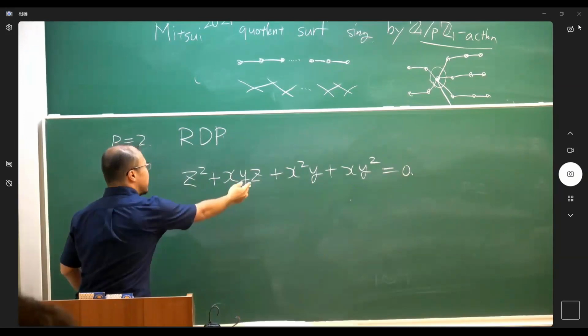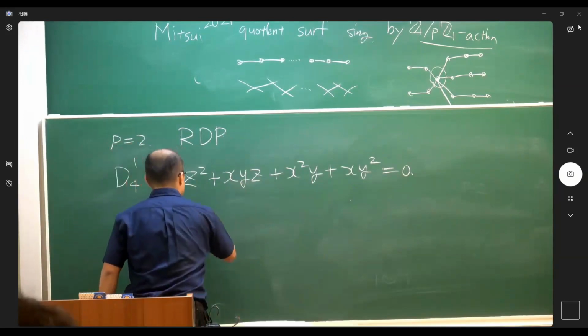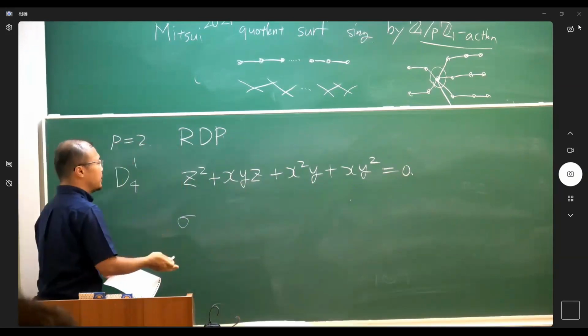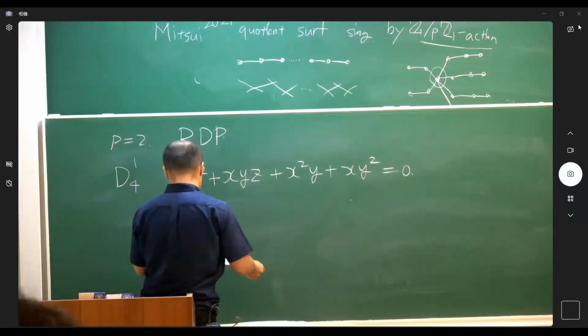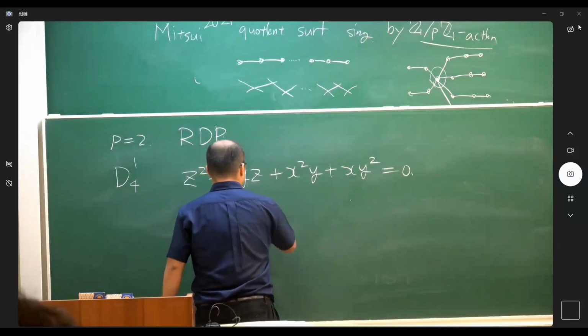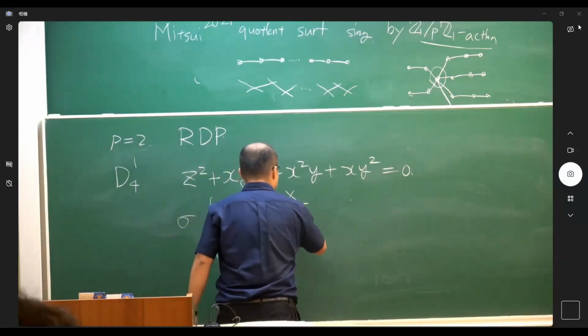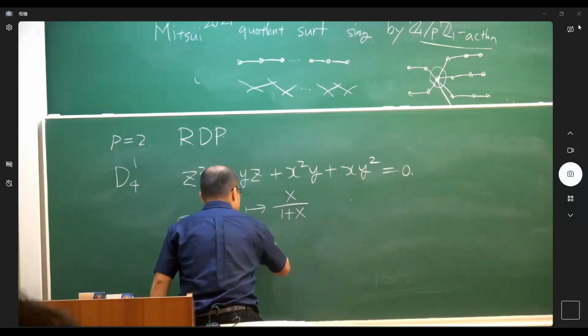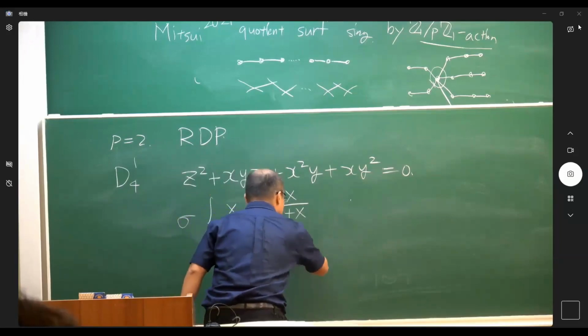And this singularity can be constructed by the quotient of this action. Very simple. The easiest non-trivial action, I think.